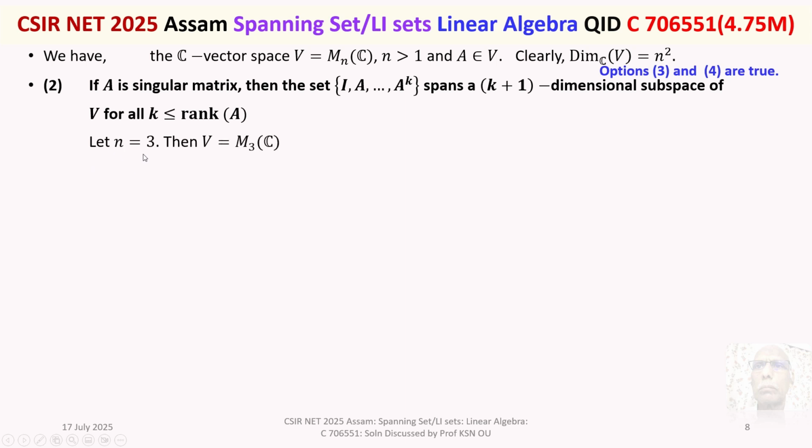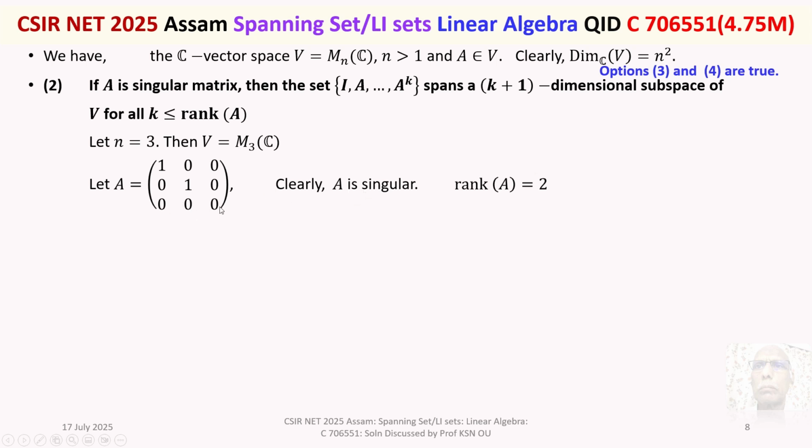Let n be equal to 3. Then V is M3 over C. Right. Let us take the matrix A to be 1, 0, 0, 0, 1, 0, third row 0, 0, 0. Clearly, it is singular. Why?